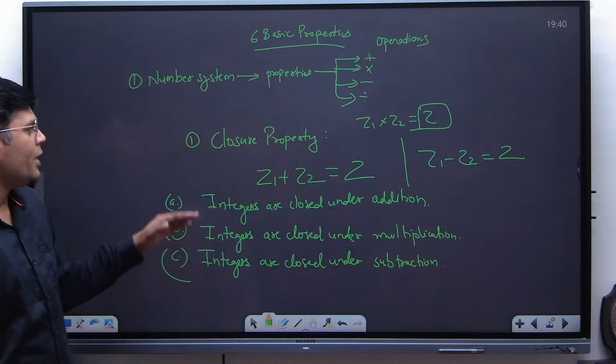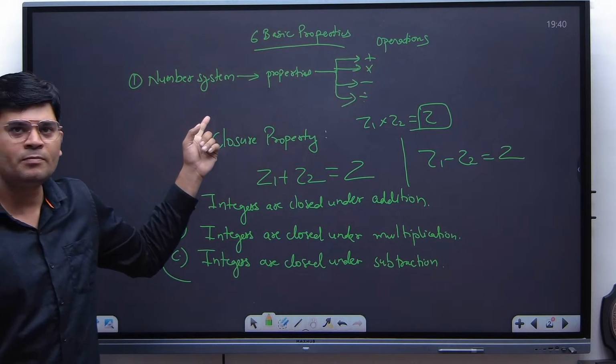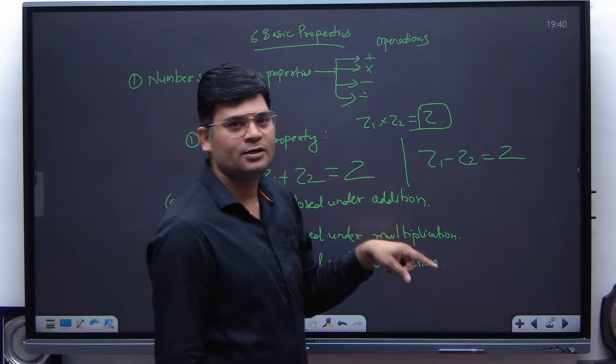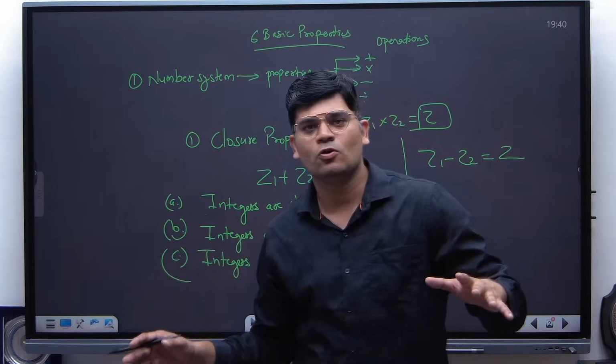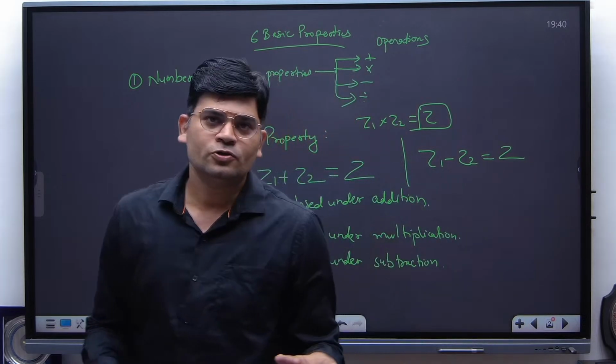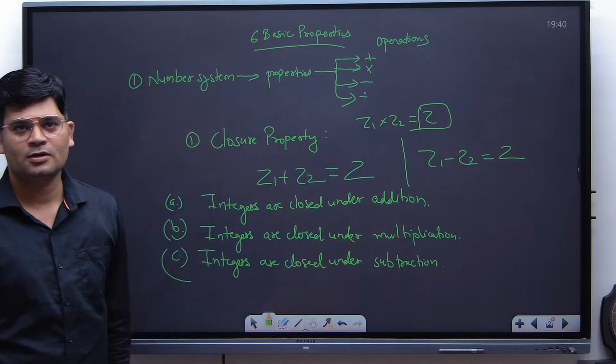Yes, sir. You do an operation on a particular type of number system and you get the same type of result. Integers doing an operation and getting integers means they are closed, or else they are not closed. So integers are closed under addition, multiplication and subtraction.